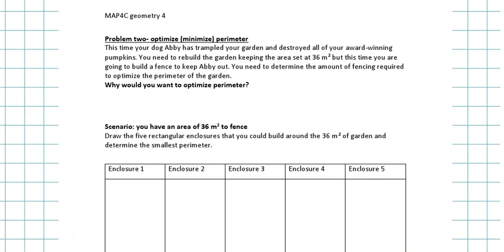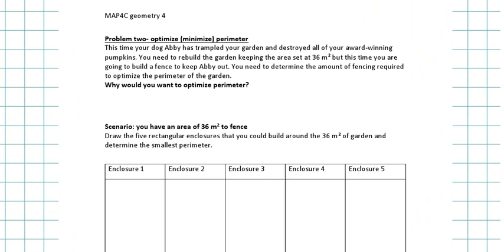I need to buy something, right? That's right, you need to buy the fence. So if I have less perimeter, I will have less money to spend. That's right. The perimeter needs materials, right? To buy the material, the lower the material you have, the less it costs you.